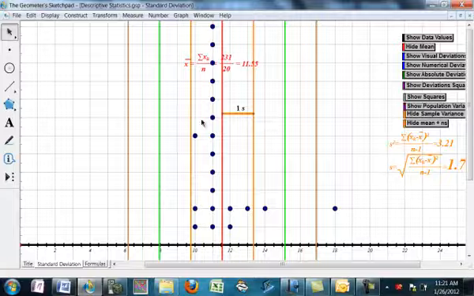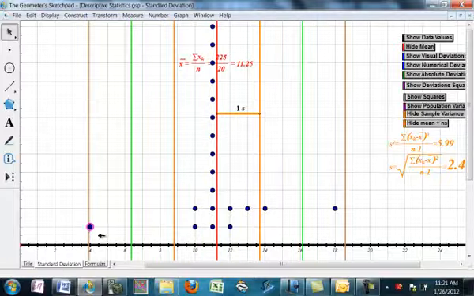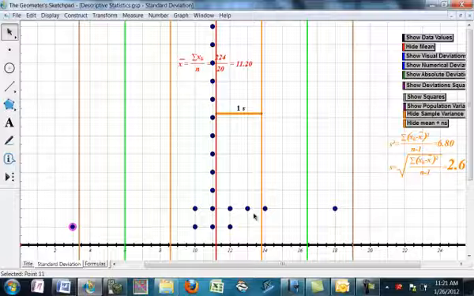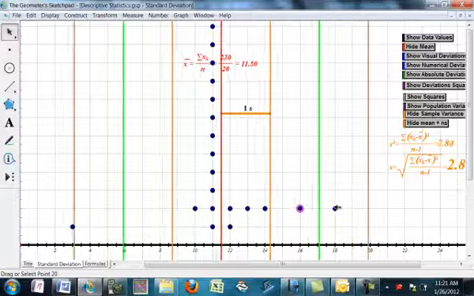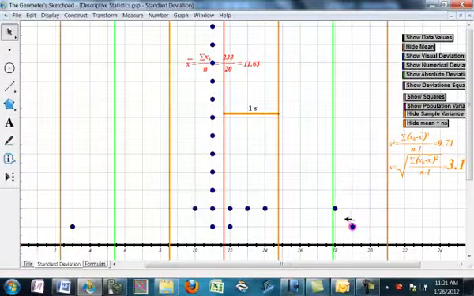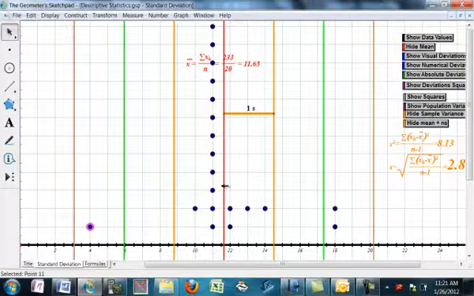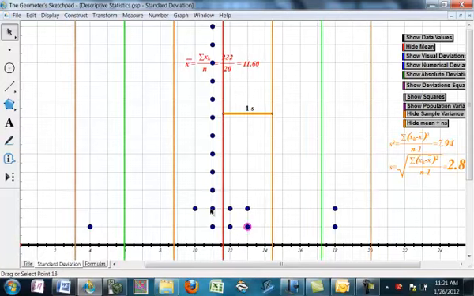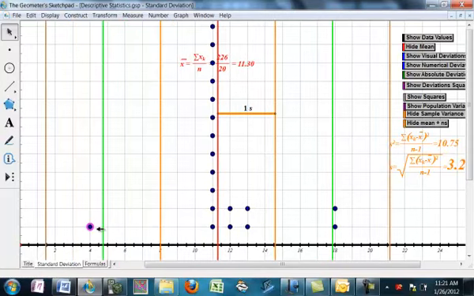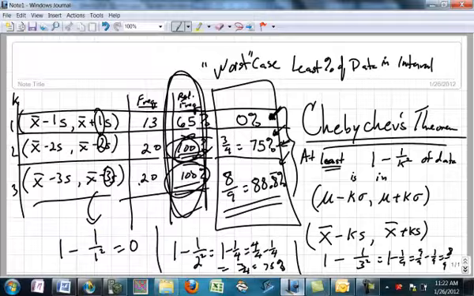And what if we now take a point, try to bring them outside of the 2 standard deviations? Can we do that? Let's see what happens. Well, there we have 4 of the points outside of 2 standard deviations. A whole bunch within 1 standard deviation, but we have 4 outside 2 standard deviations.